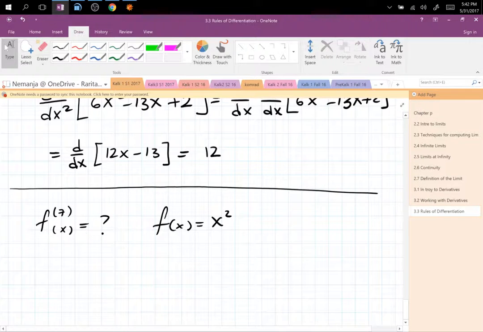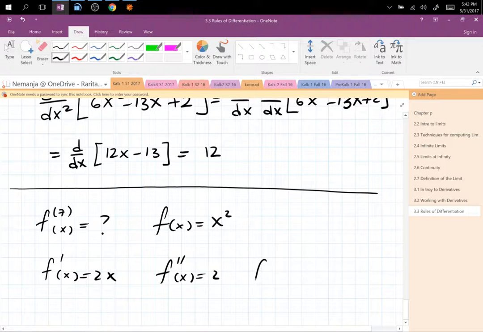So they're all zeros. So the first derivative is 2x, the second derivative is 2, the third derivative is 0, and all other ones up to 7 and beyond 7 are going to remain 0.